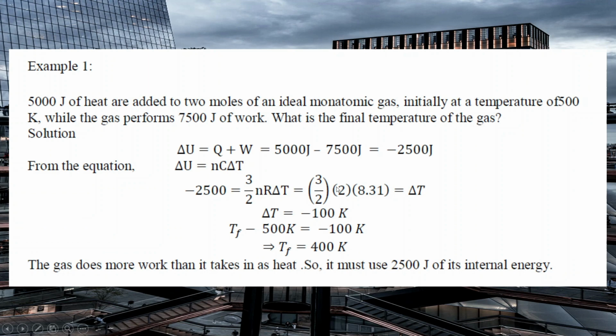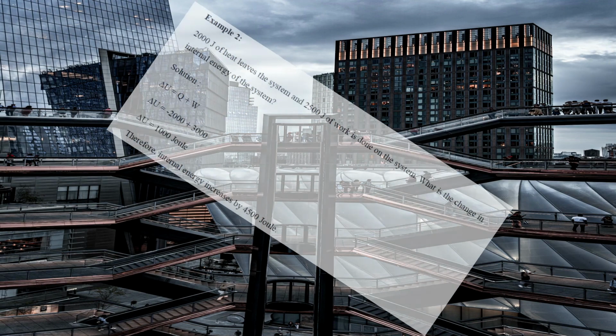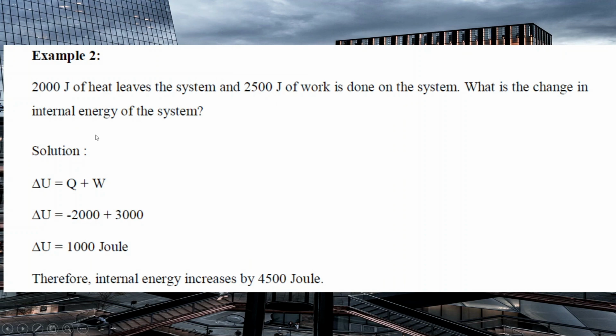So n is known, which is 2 moles, multiplied by R, the constant, 8.31, and finally the change in temperature is around minus 100 Kelvin. So T final minus 500 K is equal to minus this much, so the final is 400 K. So the gas does more work than it takes in as heat, so it must use 2,500 joules of its internal energy. Okay, this is also another example.